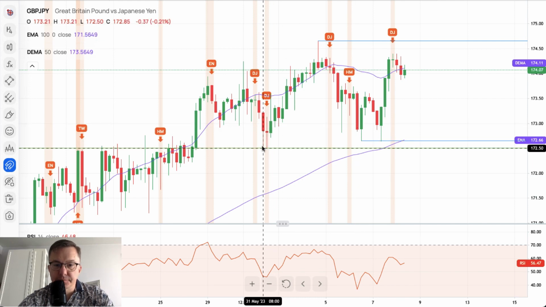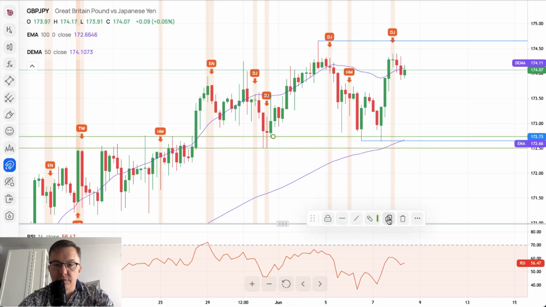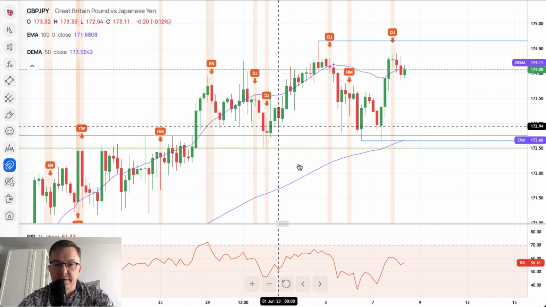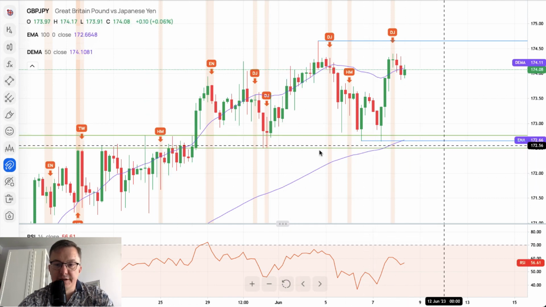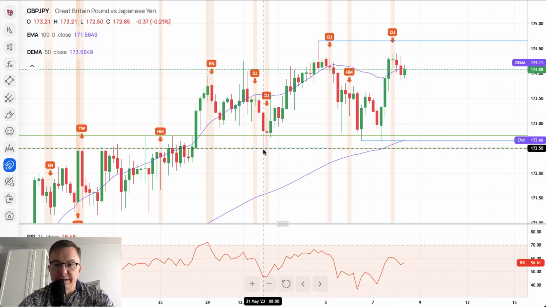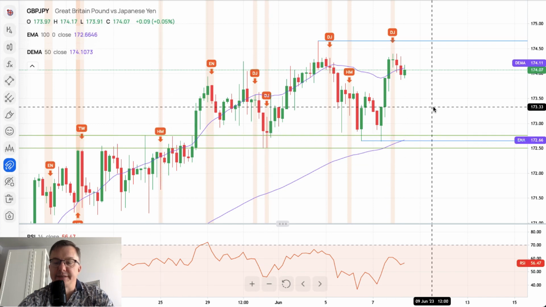Apparently, if you want to add one more line, you can clearly see that this technical support has been tested before. So we got a very nice demand zone here between the levels of 170.50 and 170.76.